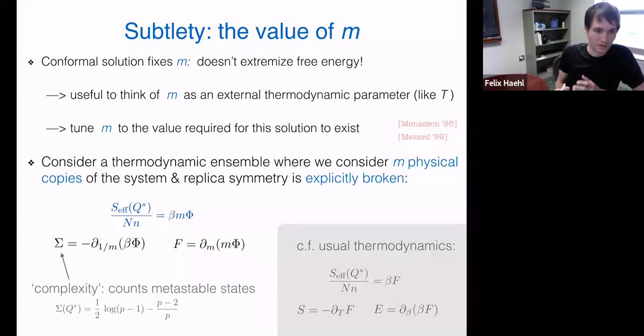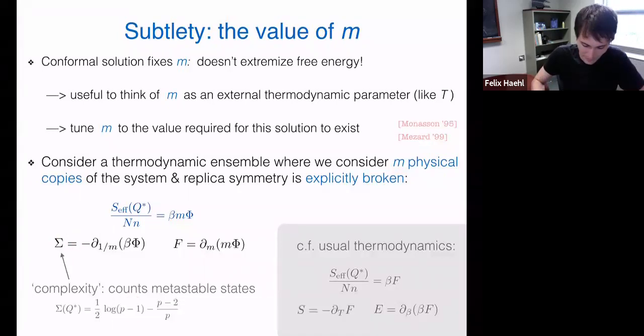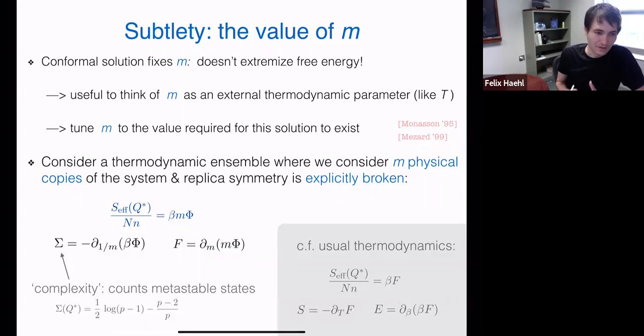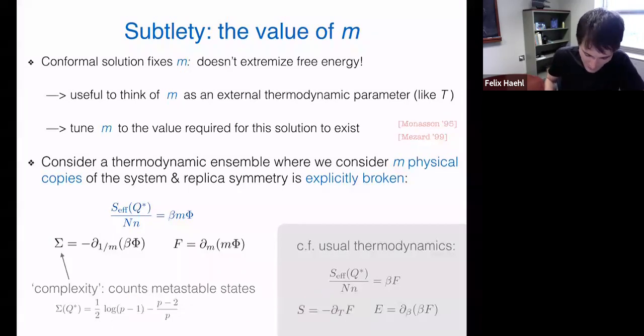So then the thermodynamic variable that's dual to this m in this ensemble is an object that's often called complexity. It's kind of like an entropy, and it counts metastable states. It's a measure for how many of these metastable states we have in our free energy landscape. So it plays a very similar role to the entropy in more standard thermodynamics.